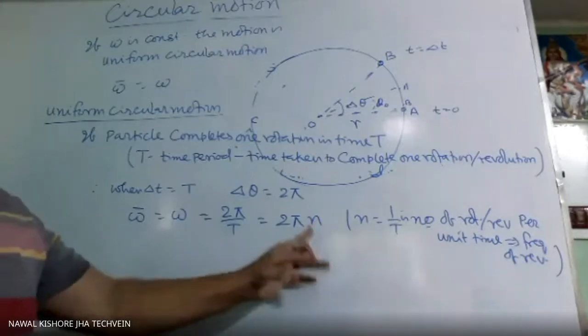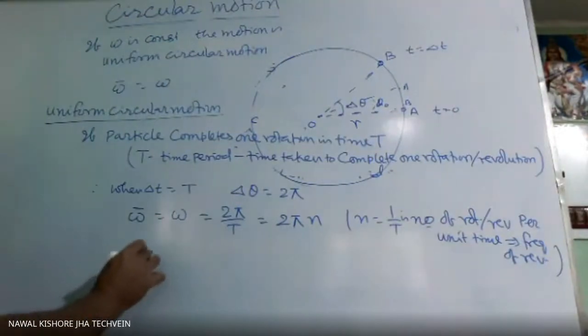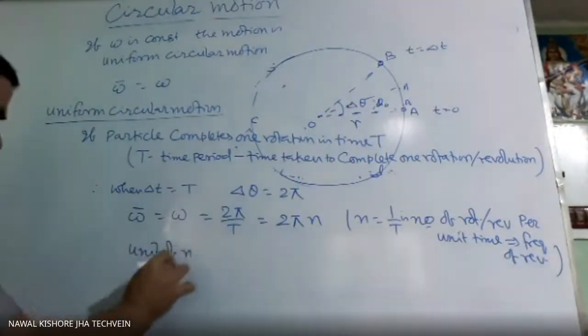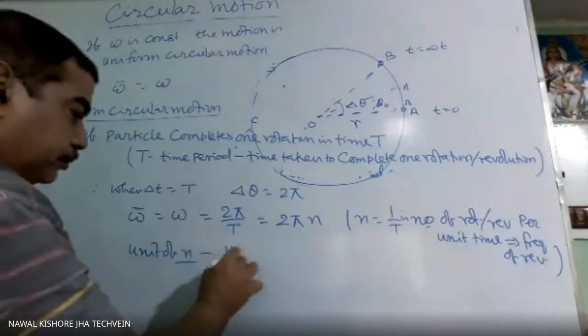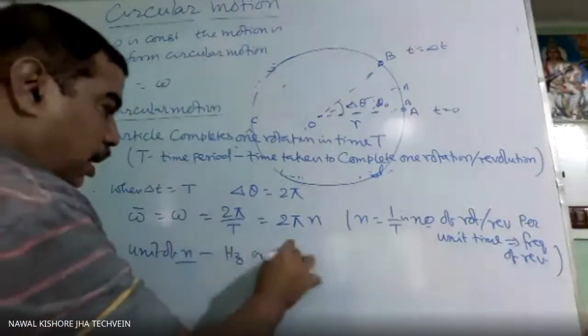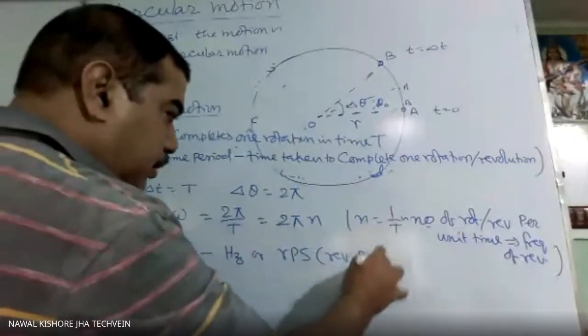The unit of n is hertz, maybe SI unit we can say hertz. So this is hertz, or we say RPS, that is revolution per second.